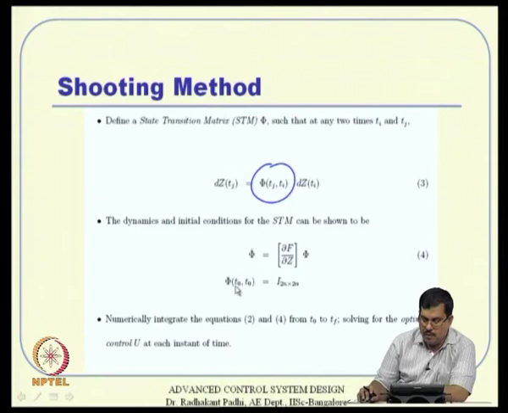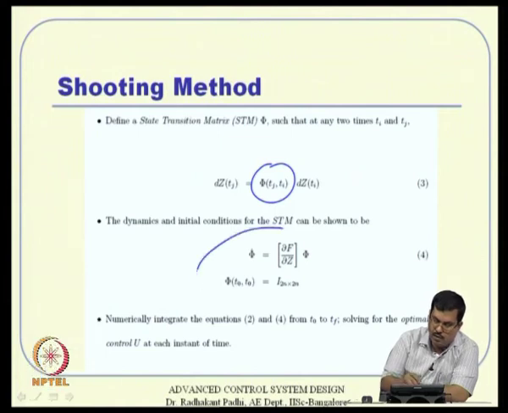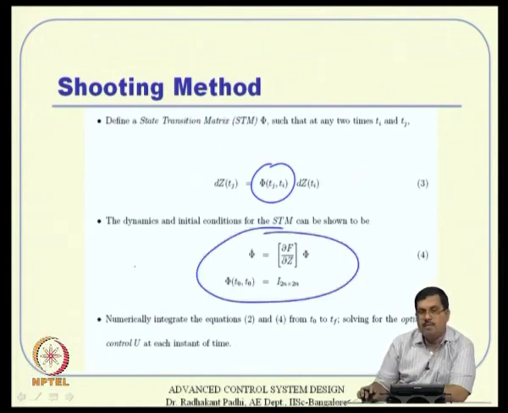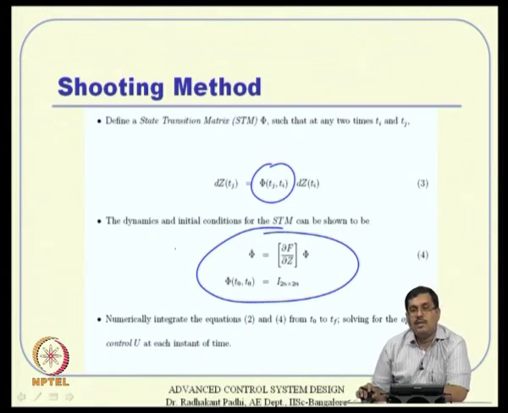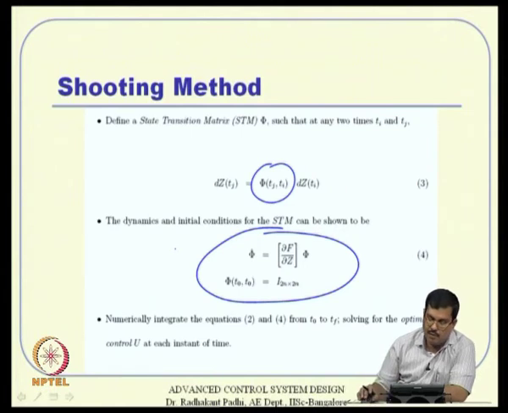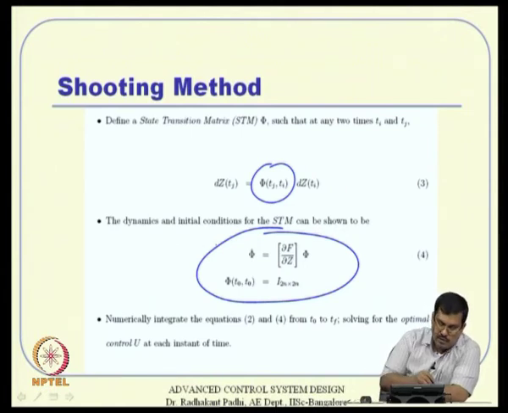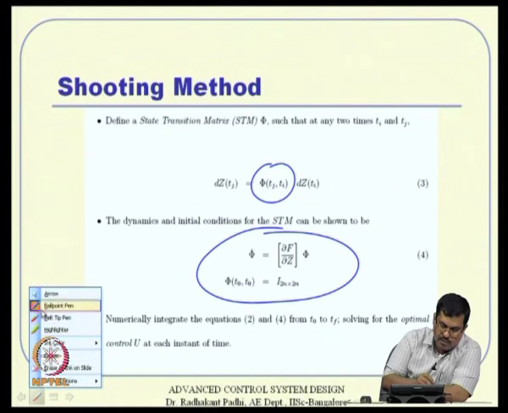But the good part is phi of T0, T0 is identity. That means this equation for phi is independent of my problem description, whatever problem, whatever initial condition. So, the integration of this phi equation can be done independently. That is why the state transition matrix concept is useful.